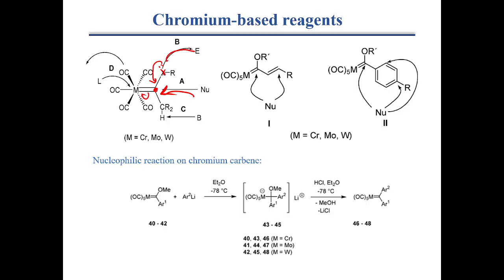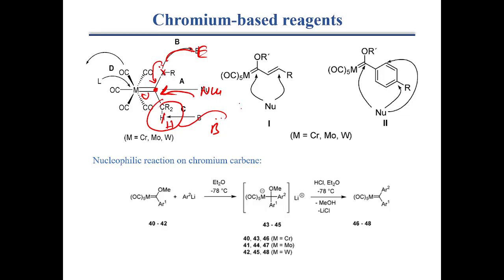So this can be attacked by a nucleophile, and this can attack an electrophile. Now, if this center is methyl or any carbon which has a proton available, then a base can abstract this proton. So this is another reactivity.